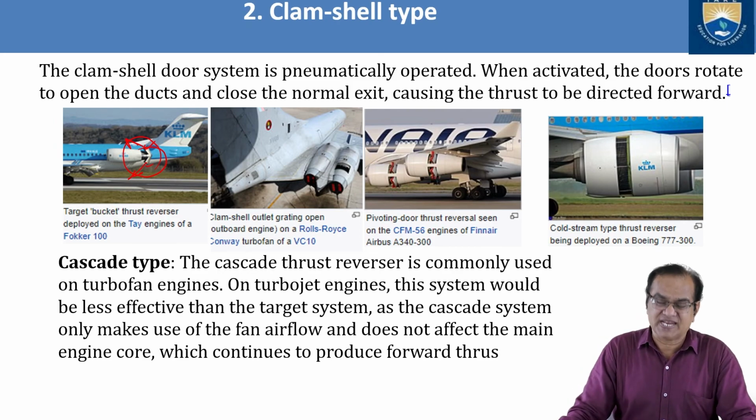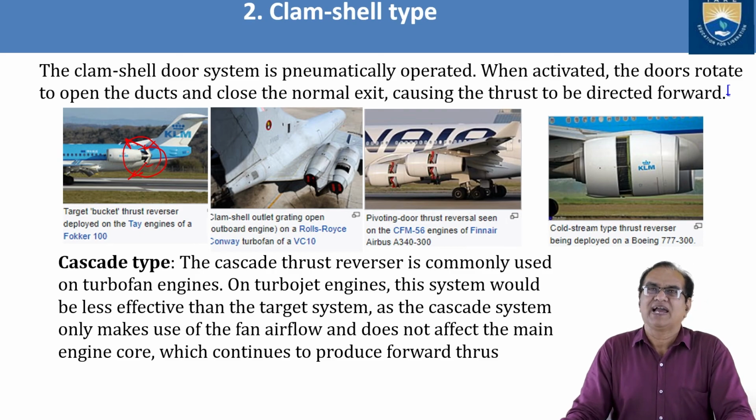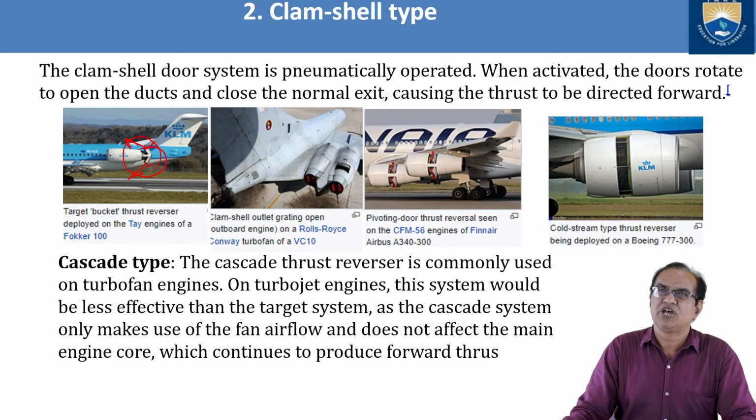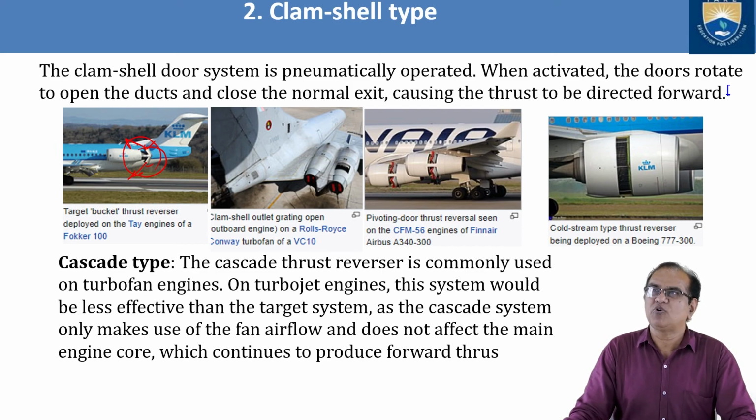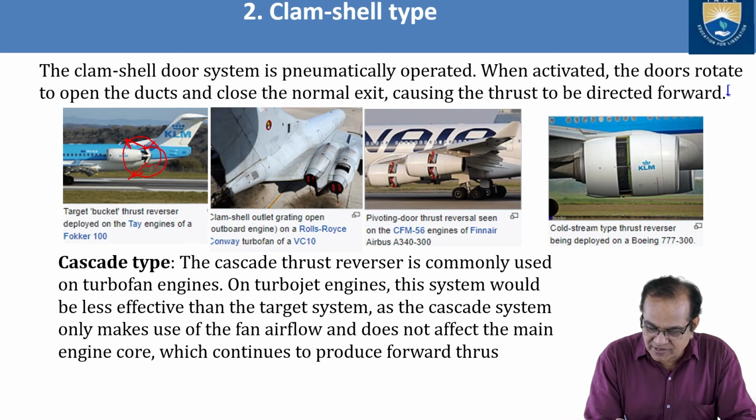The second one is the clamshell type. The clamshell door system is pneumatically operated. When activated, the doors rotate to open the ducts and close the normal exit, causing the thrust to be directed forward. Here we can see we are putting some obstruction inside the exit.